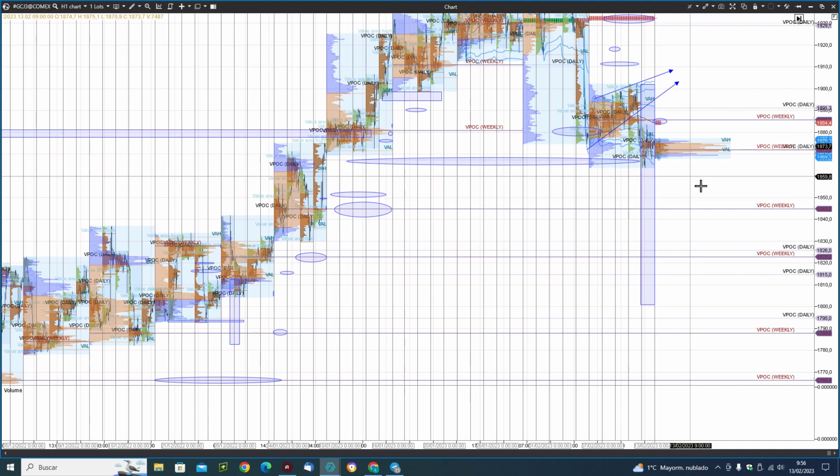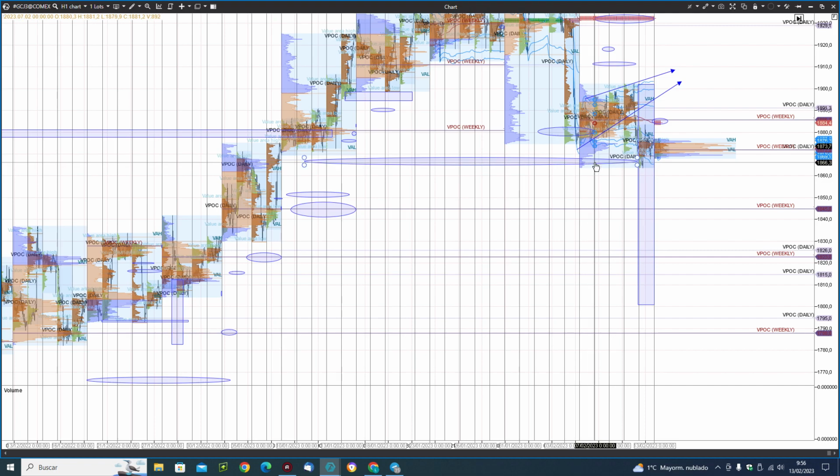The first one is the minimum of today. It was a target. Today we have reached this target, 1866. Next point would be this weekly naked VPOC at 1845. Next step, this weekly naked VPOC at 1823.